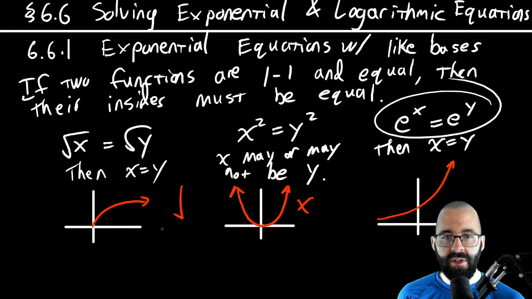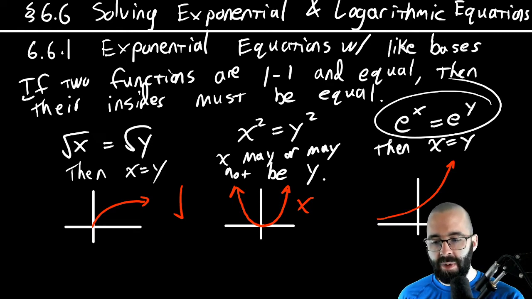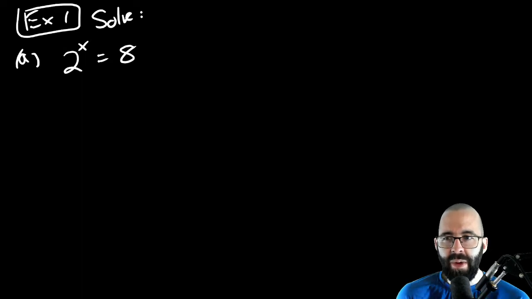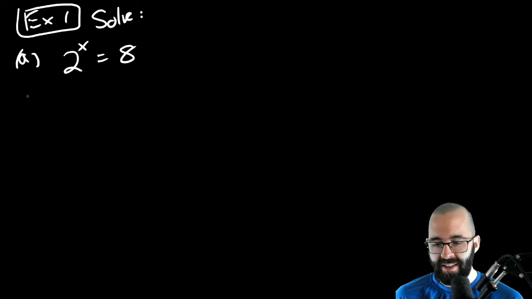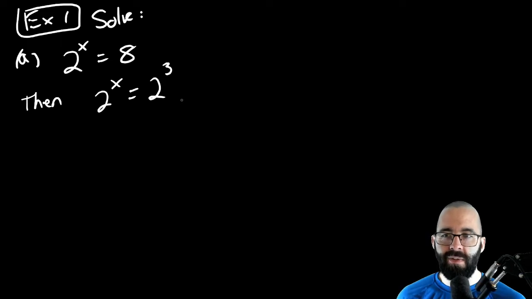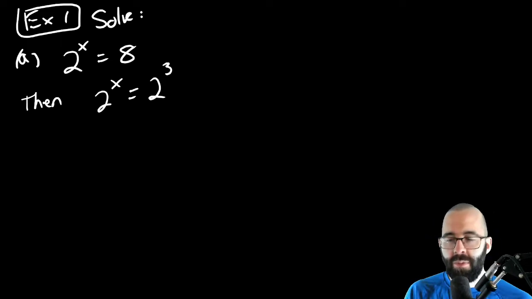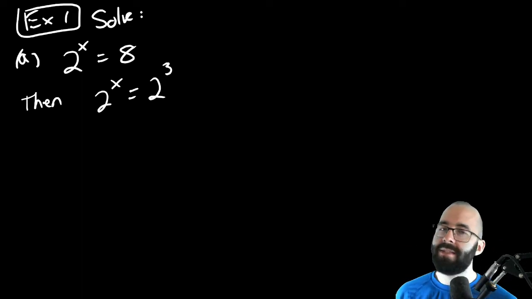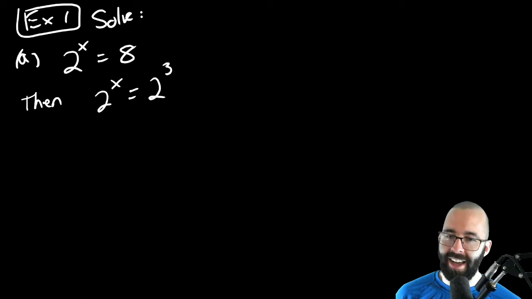If two exponential functions have the same base, then their insides are equal. Well, they don't have the same base, but we can make them have the same base. What's the right-hand side equal to? 8 is 2 cubed. Most people can probably see that x has to be 3, but this is introducing the method, because sometimes it's going to be more complicated, and that's what my part Bs are for.